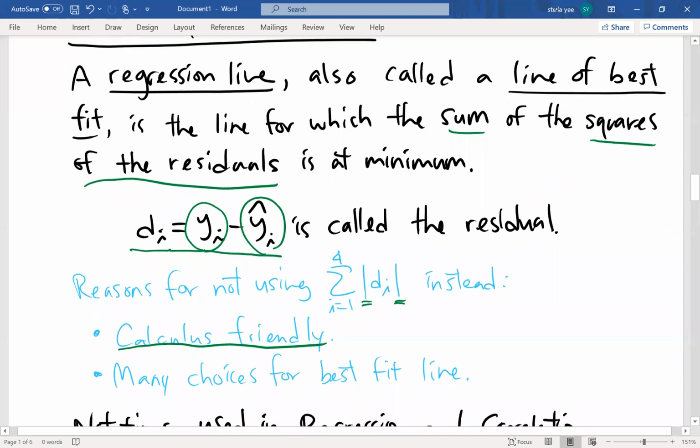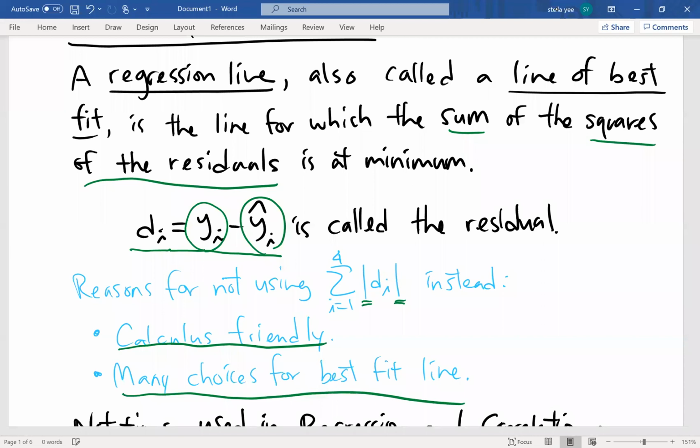And there's a little bit more serious problem in this case. That is that the regression line will not be unique. There are actually many choices that give the smallest possible sum of absolute value residuals.